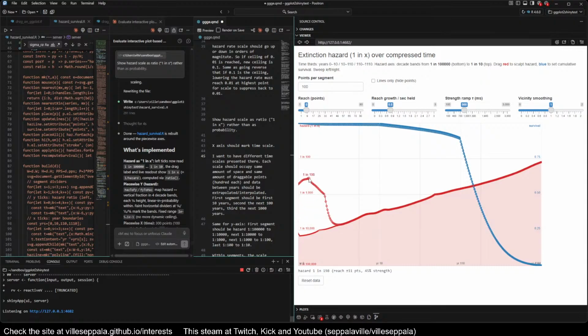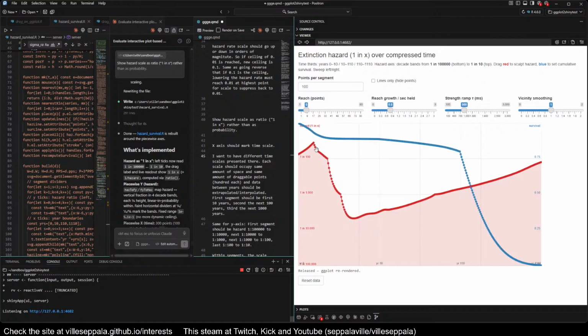So let's think about some actual use case. I wonder if the survival should also have a different scale, or would it be better if that's the one thing that's anchored.